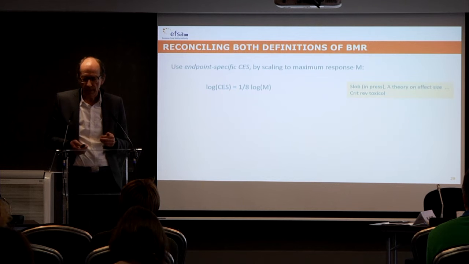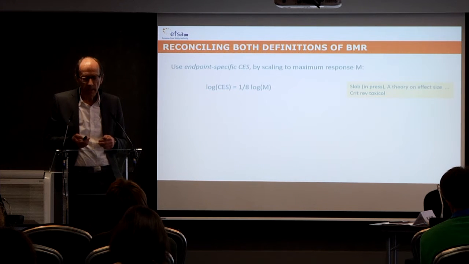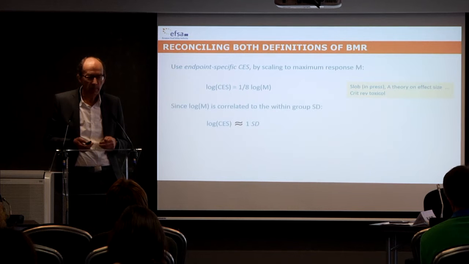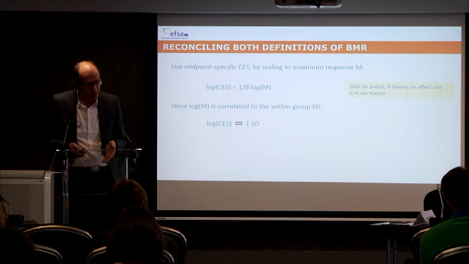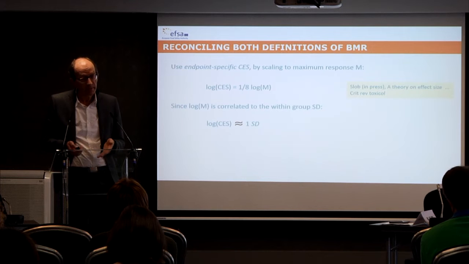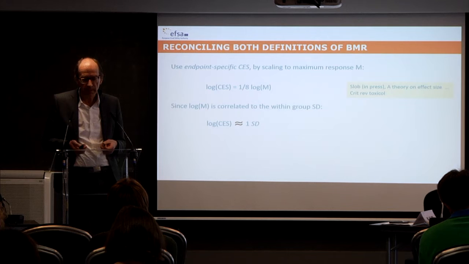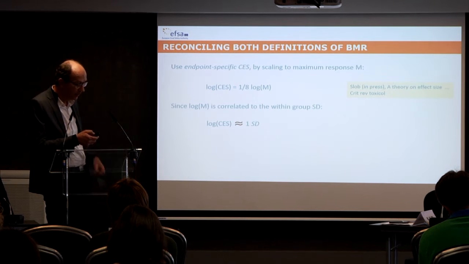This is in this paper, which is now in press. If you would consider this as a good starting point, then you can show, based on an empirical correlation between maximum response and the within group standard deviation in different endpoints, you can derive that this is more or less equal to this second equation.